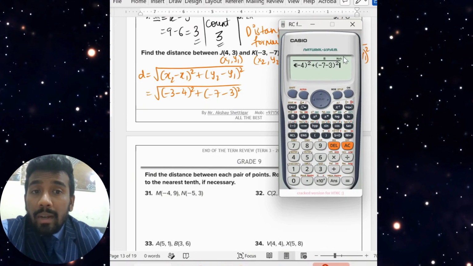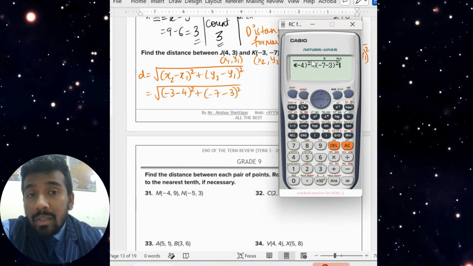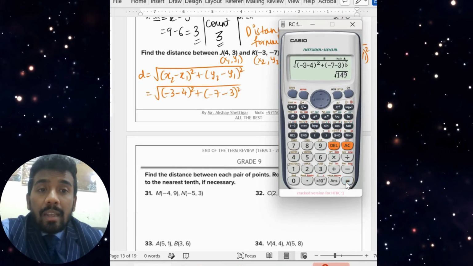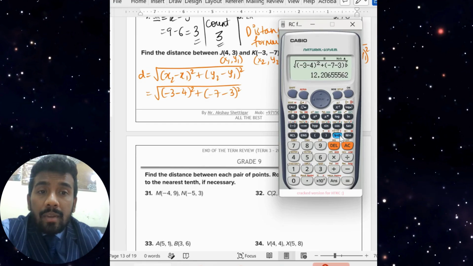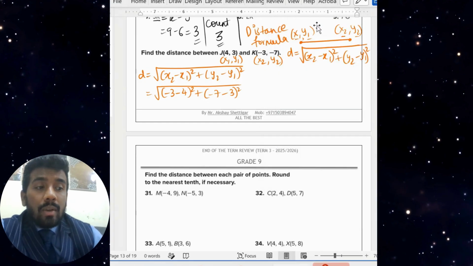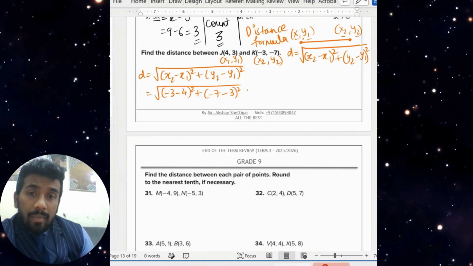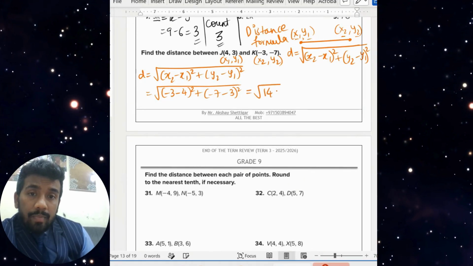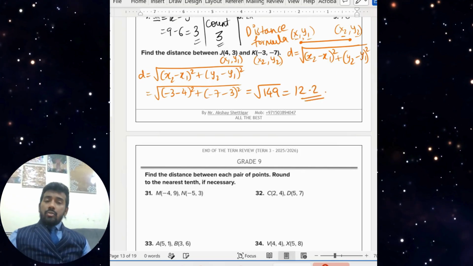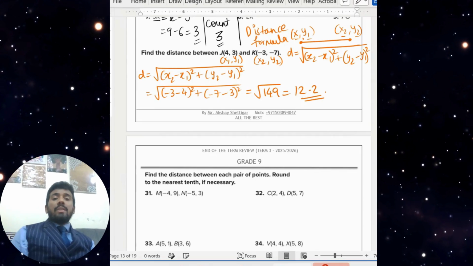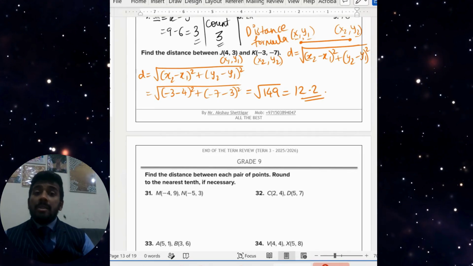You have to put it entirely as it is, with the square inside the root, and click equal. What's the answer? Root of 149 or 12.2, up to you. I'll write both. Choose what's given in the multiple choice options. This is how you do it.